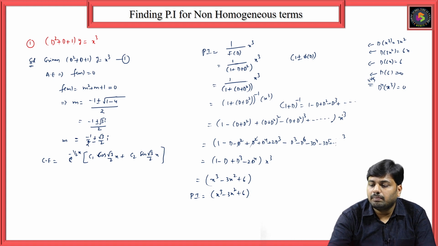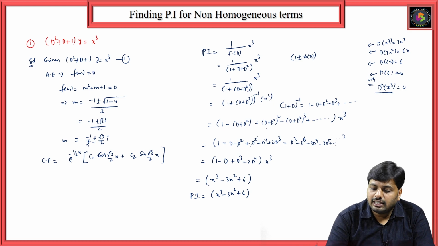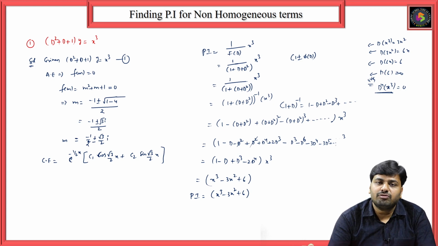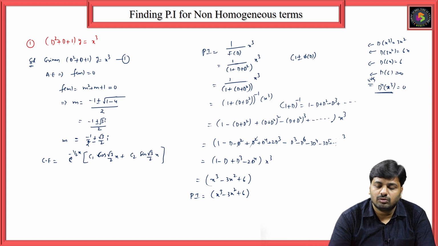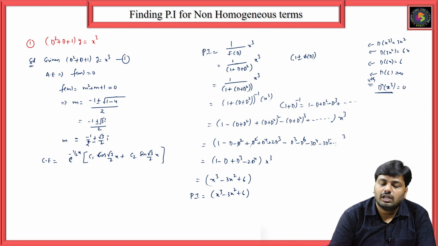It is 0 at the 4th derivative, so that's why I have considered up to the 4th derivative only. Other derivatives I have not considered, because d power 4 is already 0, we know that. So the 4th derivative of x cube will be 0. In such cases, we can stop the problem up to d power 4.